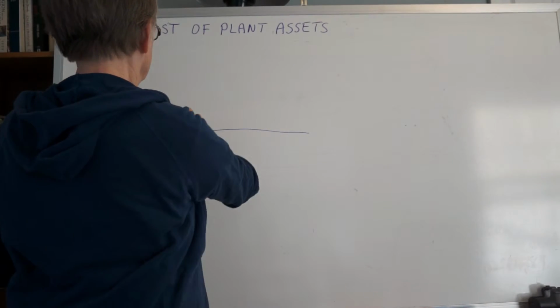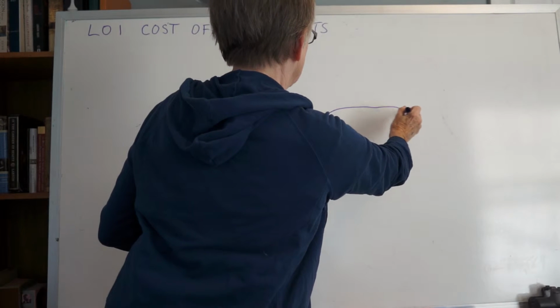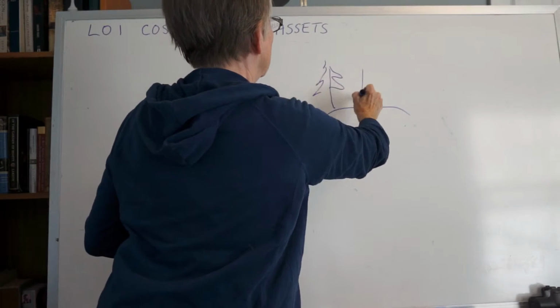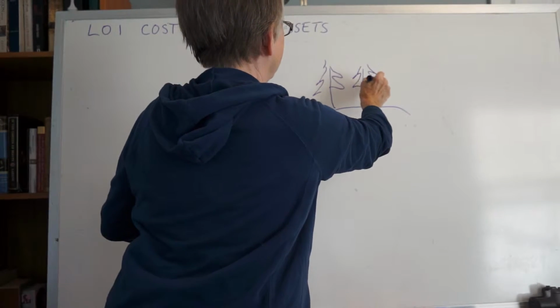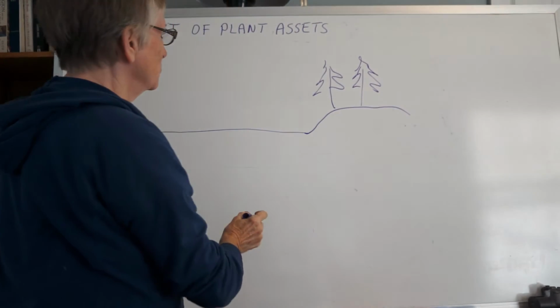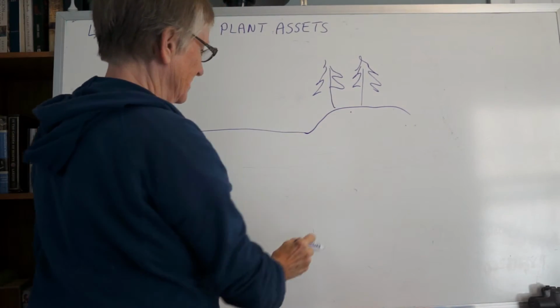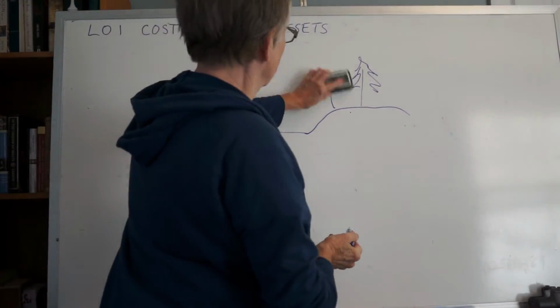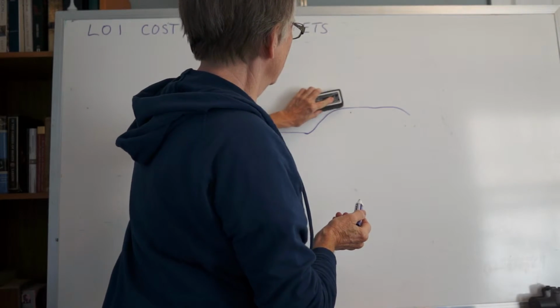So if you bought a parcel of land that has a hill on it and it's got trees all over it, and you want to put a building right here, well, you've got to do a few things before you can do the building. You have to cut down the trees. That would go into the cost of the land.